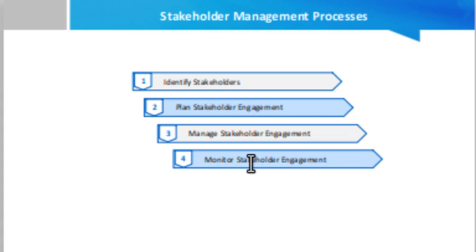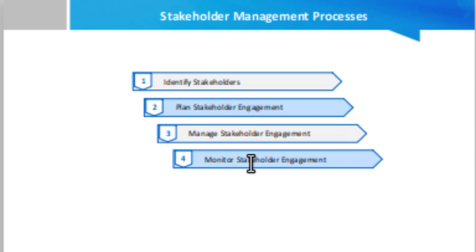Because if the involvement of stakeholders is not as per the requirement, then obviously your project will go off track, and your project will be a big failure if the involvement of stakeholders is not proper.